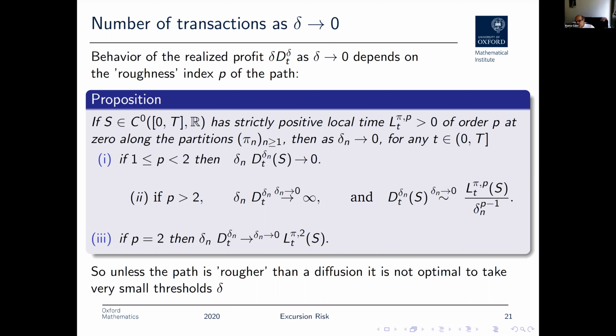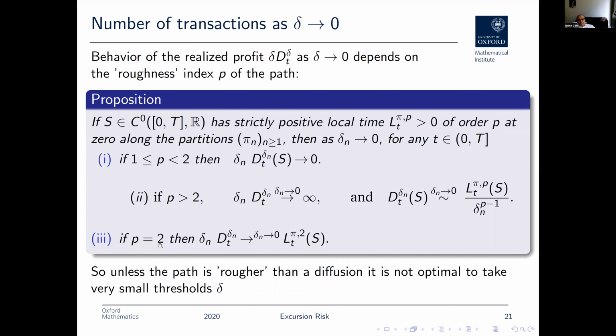And this is more or less what happens in the high frequency trading versions of these strategies. A lot of high frequency trading firms use these mean reversion strategies with the highest frequency they can. It's only a technological limit to what they can do. And this statement says this is optimal if your signal is rougher than Brownian motion.